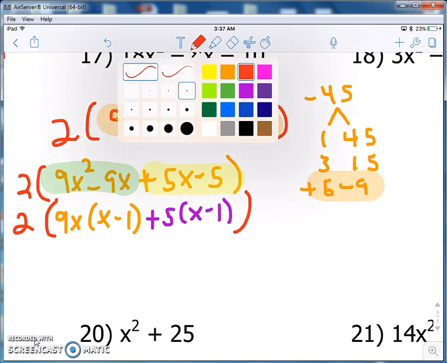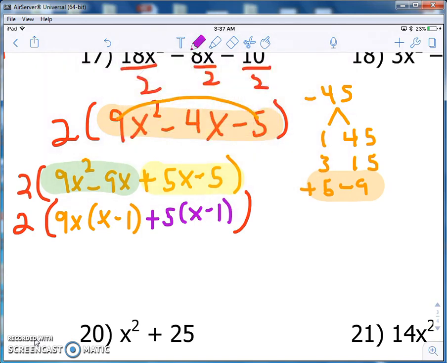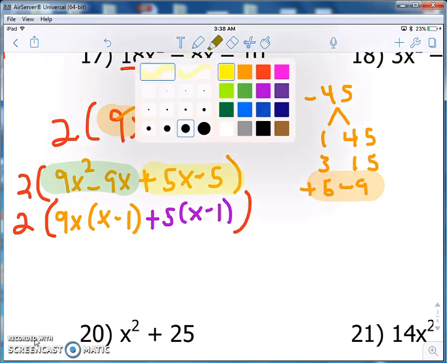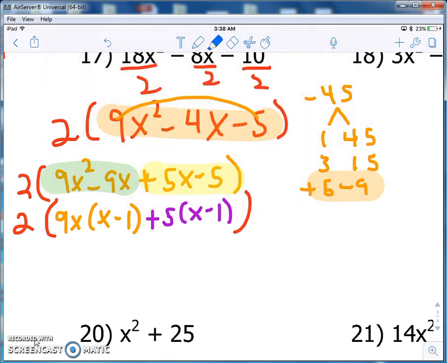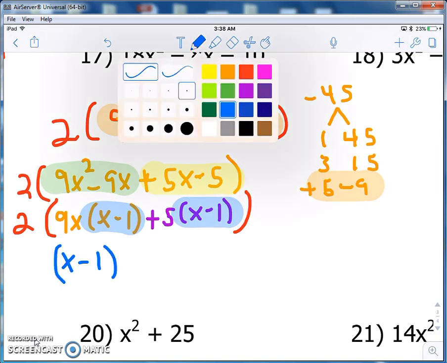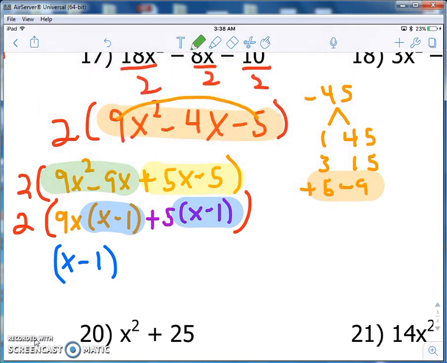We have a common factor of, let's see, how about blue? We have a common factor of x minus 1. I'm going to write that first. X minus 1. We have our leftover ideas or our numbers in front. So 9x plus 5.